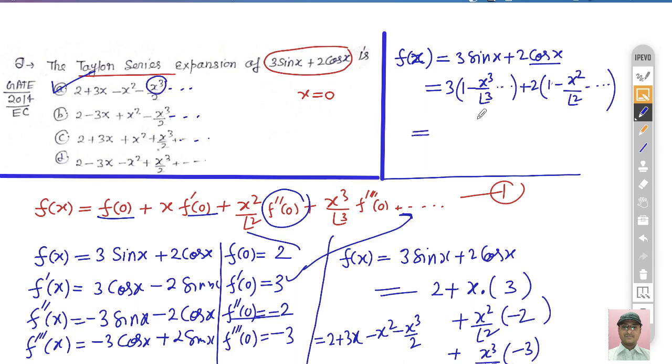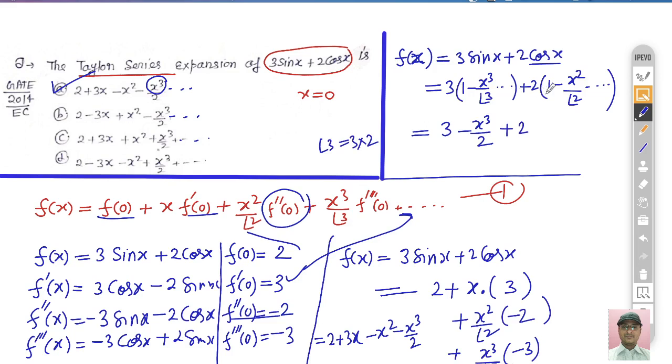So you just simplify this. Once you open, the 3 will be cancelled out, it will be x cube upon 2 because it is factorial 3. Factorial 3 means 3 into 2, so 3 will be cancelled out, only 2 is here, plus 2.